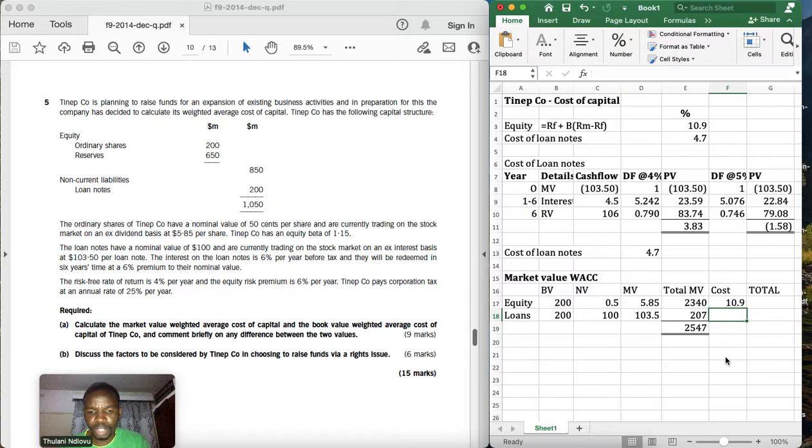Our cost of loan or cost of debt is 4.7. Now we have the total there as the product. We say total market value multiplied by the cost. We get that figure. We copy it to the debt. We also copy the total there.